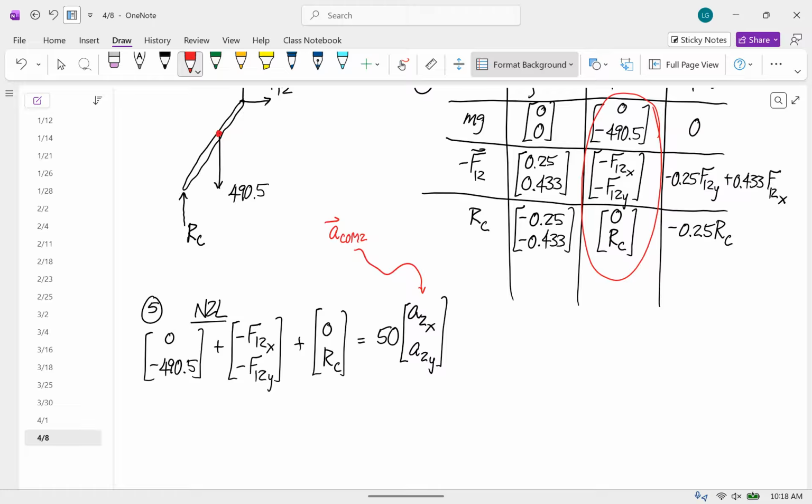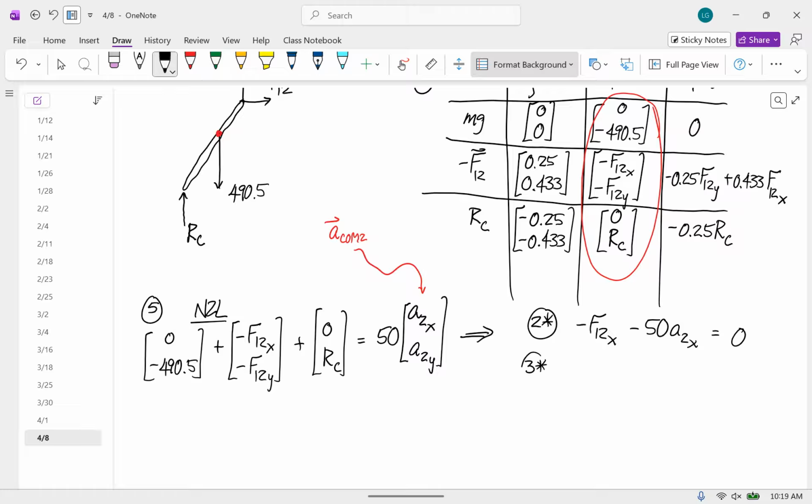Okay. I'll rearrange these. So we get an equation 2 star that says negative F12x minus 50 a2x is equal to 0.